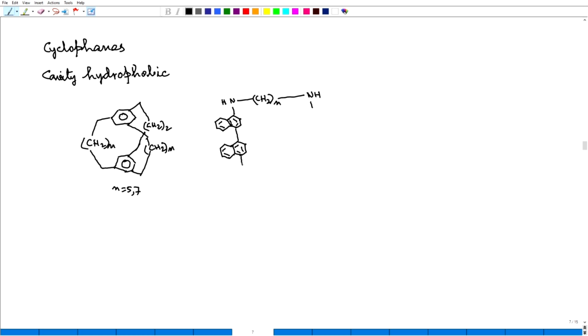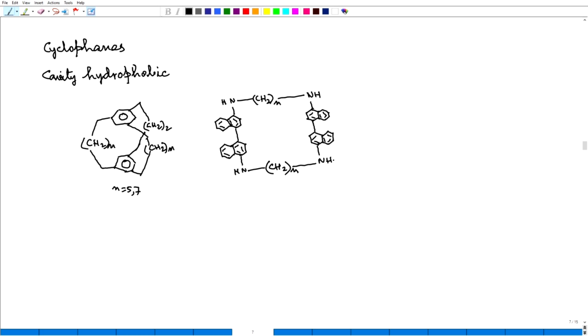We are almost there. NH and, I will show you some absolutely rigid structures also.